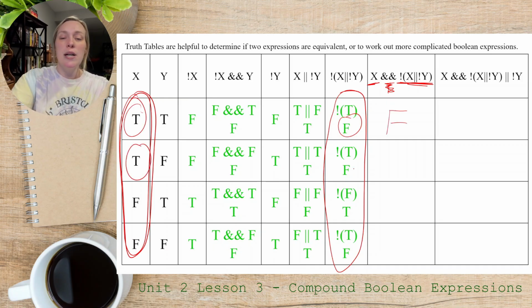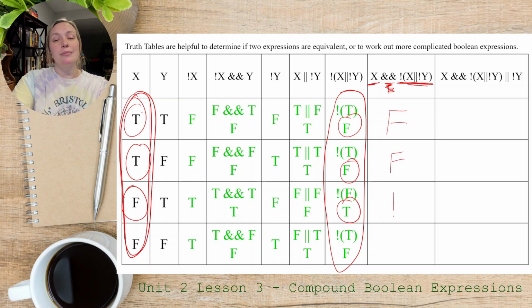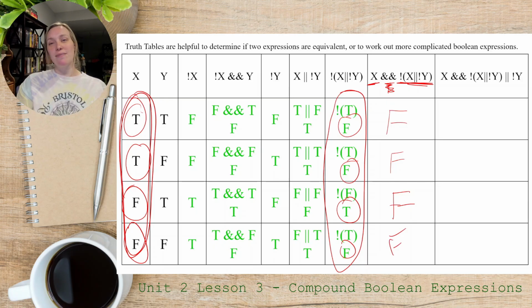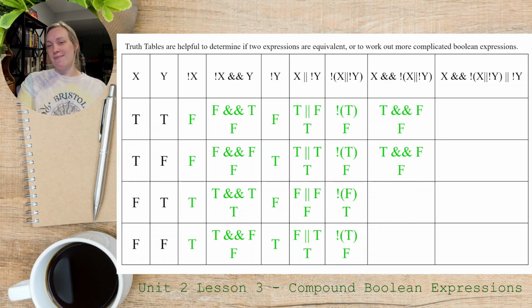I have true and false, that's going to be false. I have false and true, that's going to be false. And I have false and false, which is also going to be false. So that whole column is false. Interesting, huh? Everything's false.